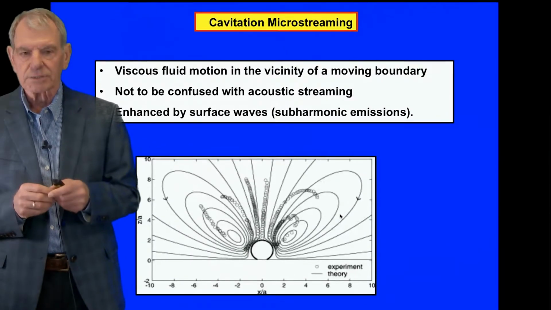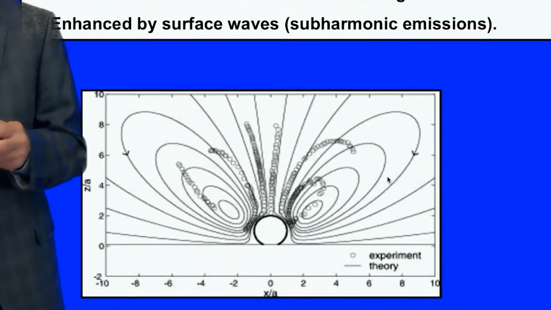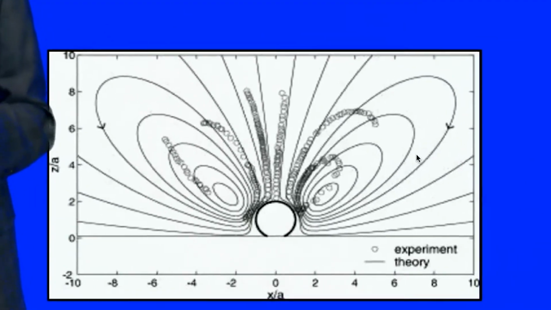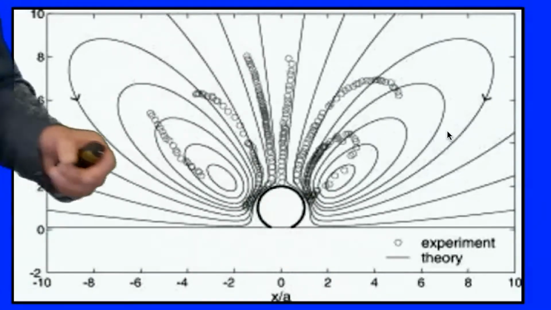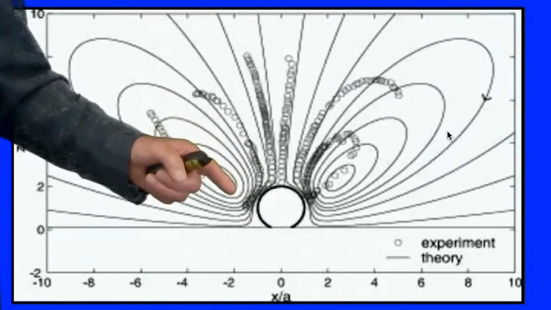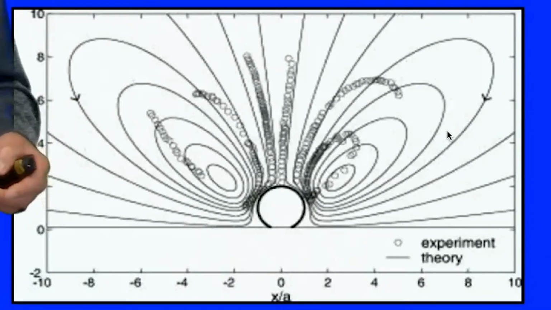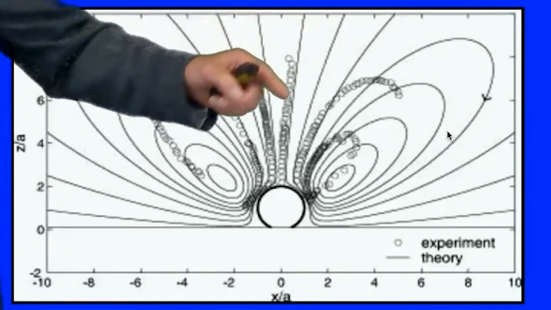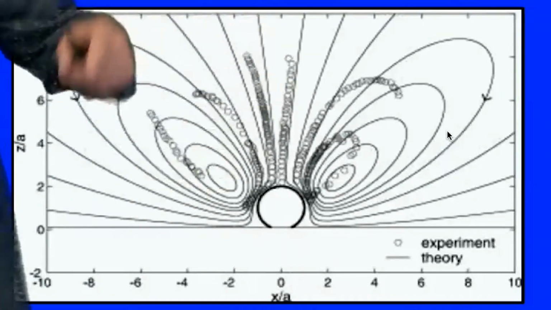One of the reasons is that a bubble stationary near a surface driven by an acoustic field develops what we call cavitation microstreaming. And here is an example. If the bubble is oscillating, then of course the liquid can't come in from the bottom because it's on a surface. And so as the liquid comes in, as the bubble gets smaller and goes back out, you get this streaming.